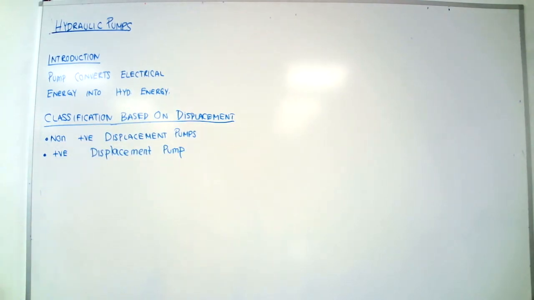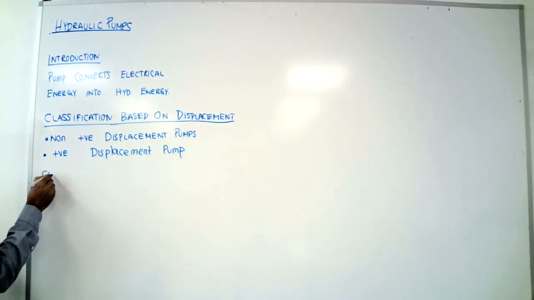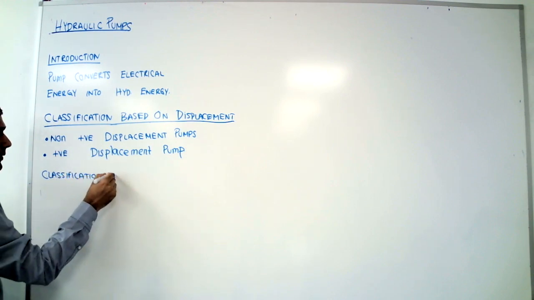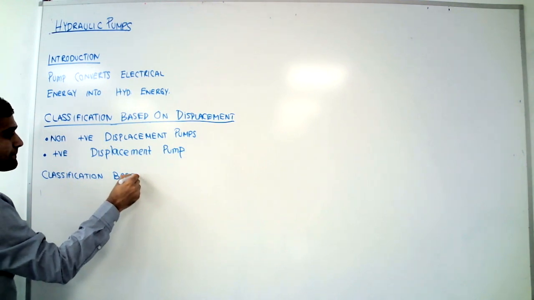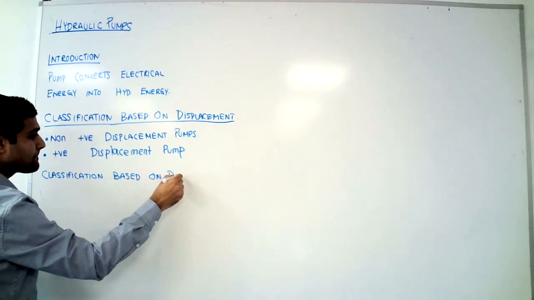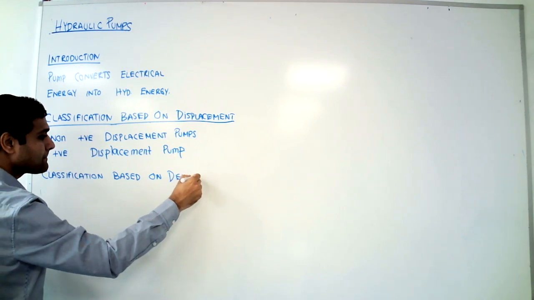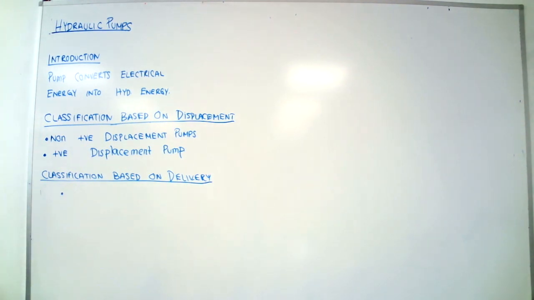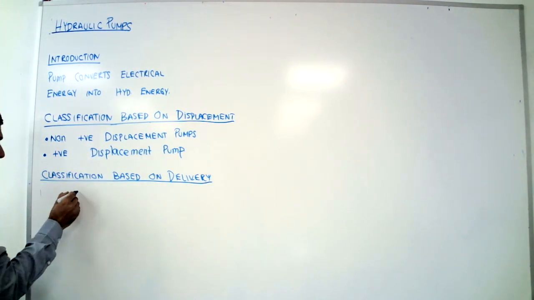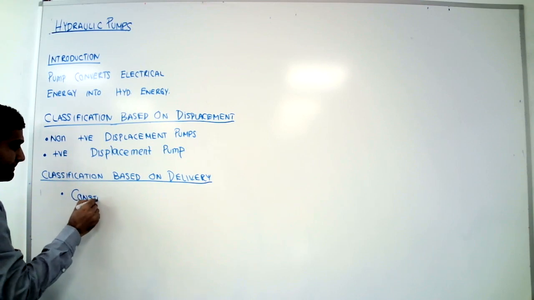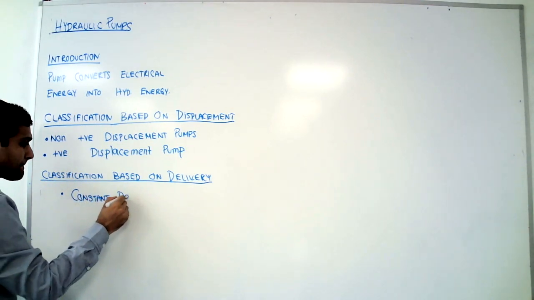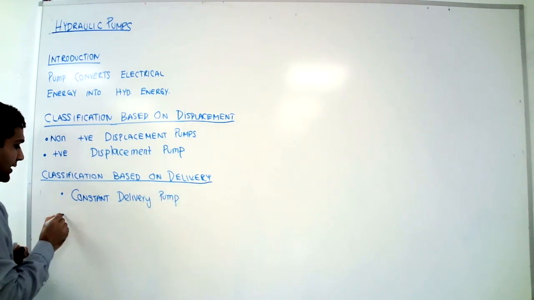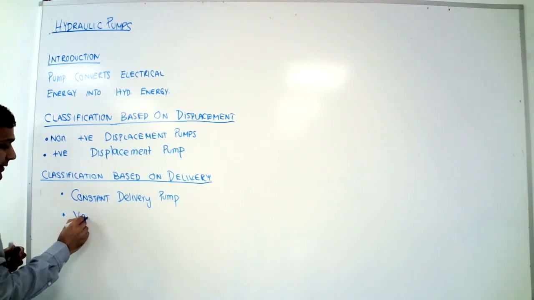And the other classification is based on the delivery. The classification based on delivery is constant delivery pump, or the other one is non-constant or variable.